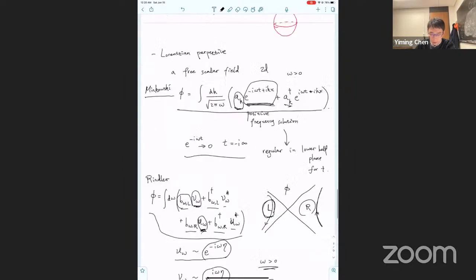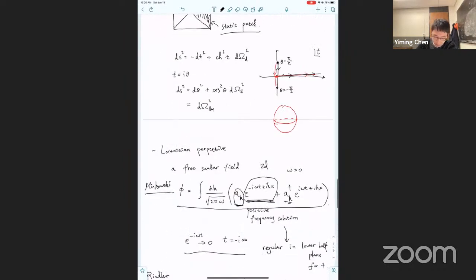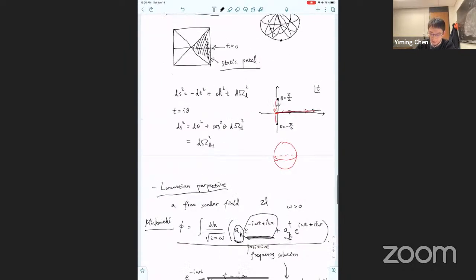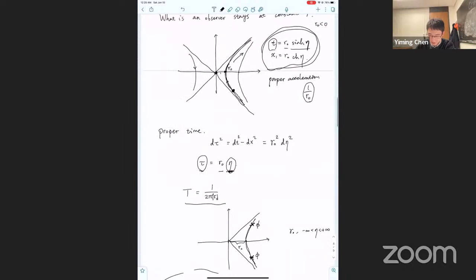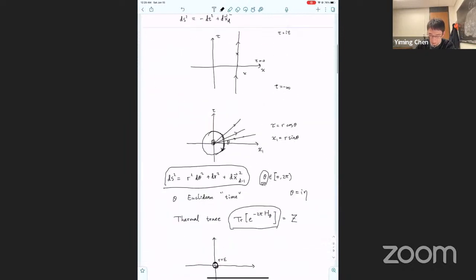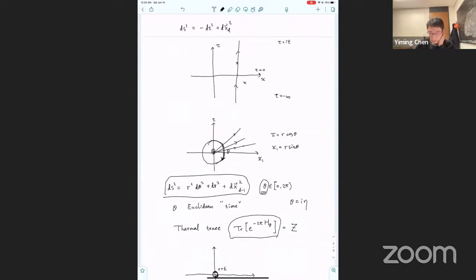Although I said that this section will be about the Lorentzian perspective, in fact, I still need to use some notions in the Euclidean space because that is really convenient. In the Euclidean space, I've told you that we can think of the Minkowski vacuum as coming from a Euclidean path integral in the theta direction.